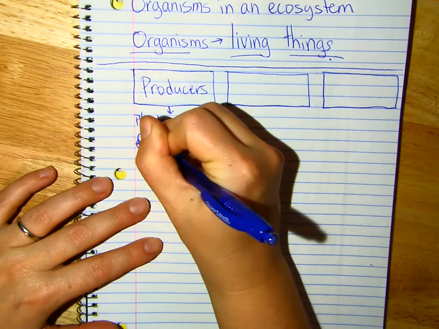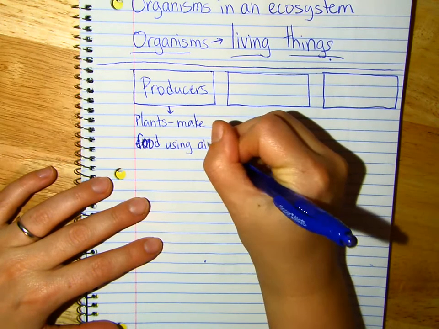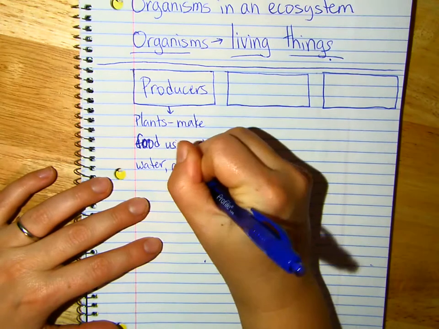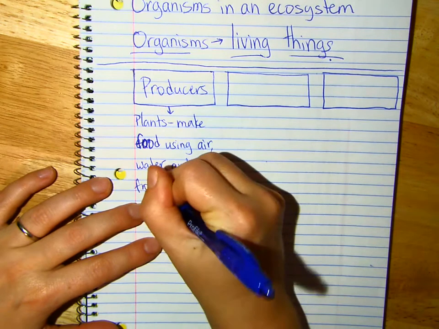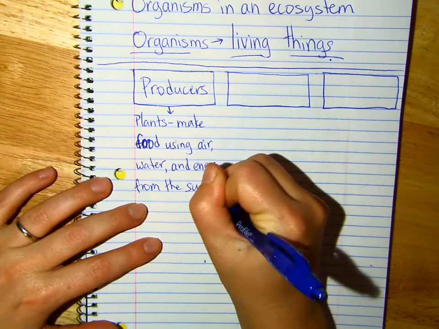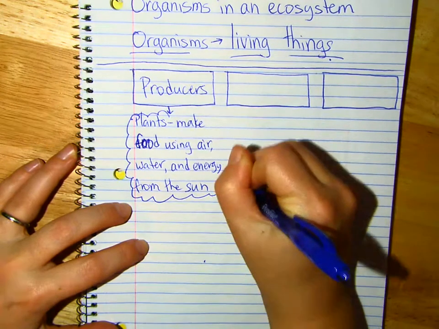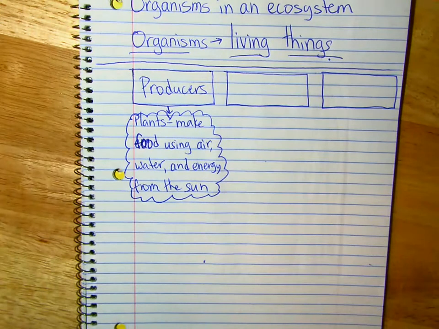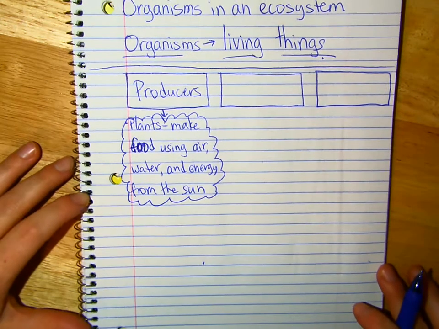I'm going to change that to food, using air, water, and energy from the sun. That's the really big idea that you need to know about producers. They're plants and they make food using air, water, and energy from the sun. That is your 5th grade standard.